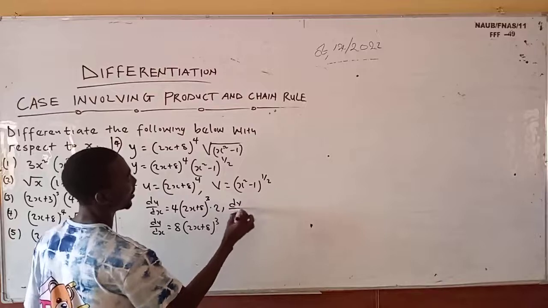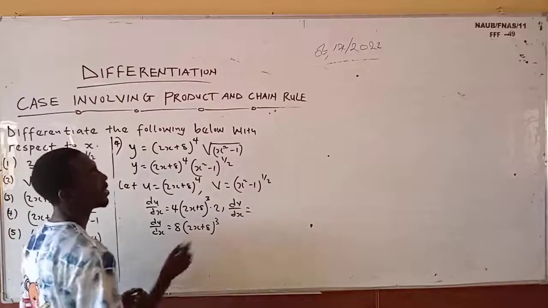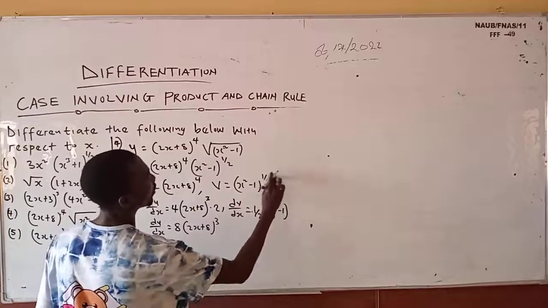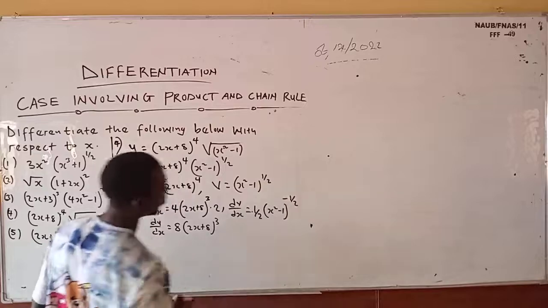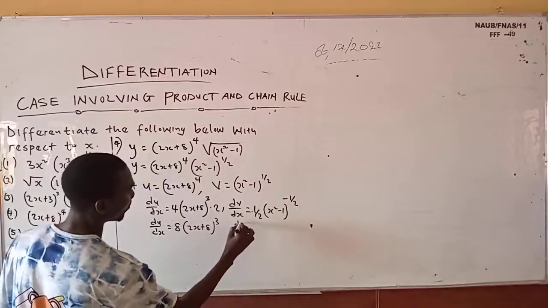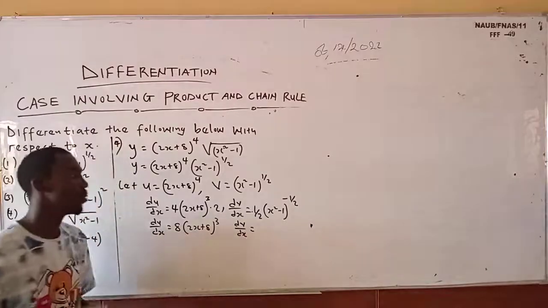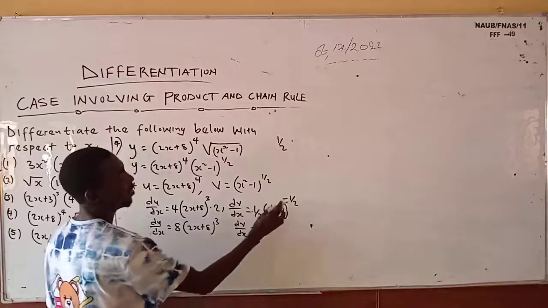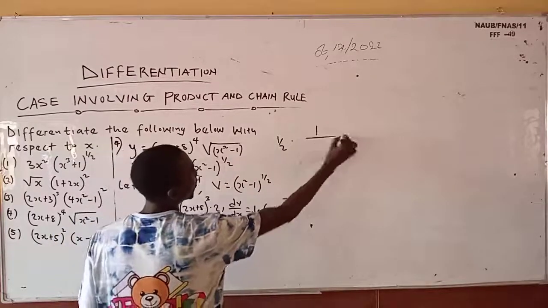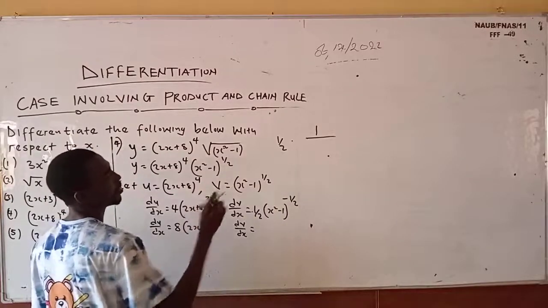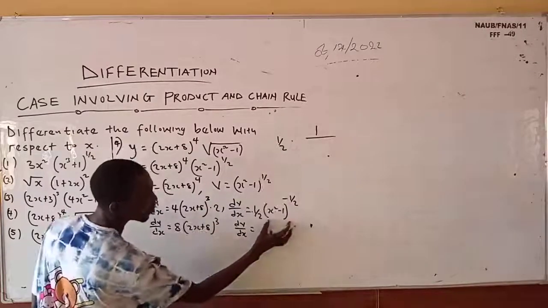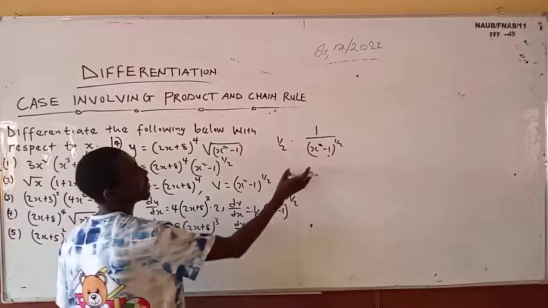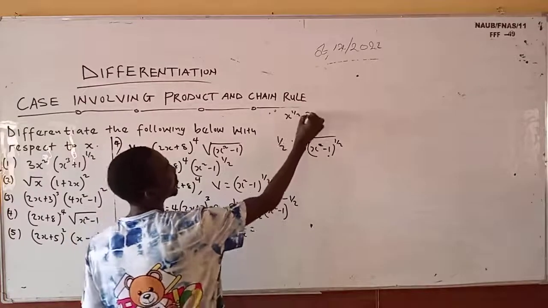Now dv over ds: bring the half to the front, so half into (s squared minus 1), subtract 1 from the power to get minus 1 over 2. I've already explained this before: the negative sign in the power means 1 over, and a power of half is the same as a square root.